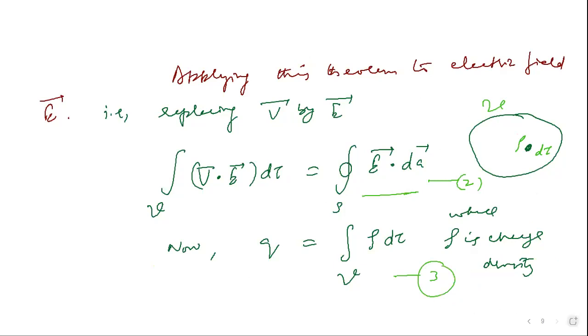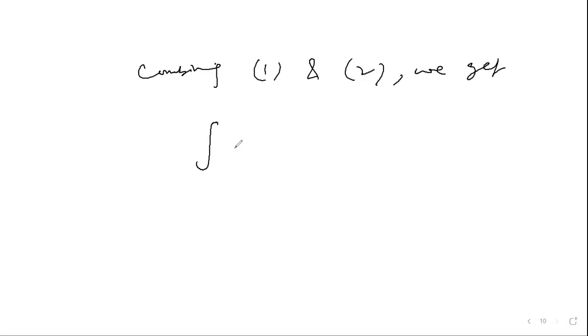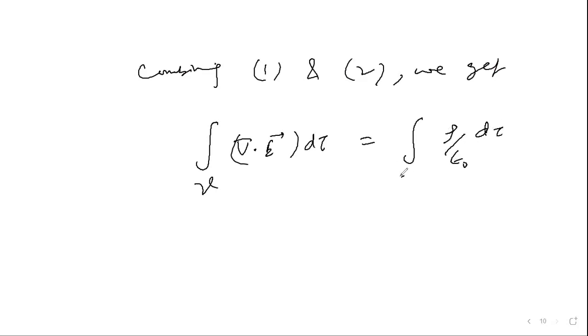Combining first and second, we get this divergence of E d tau over volume nu is equal to rho by epsilon naught d tau over volume nu, right?